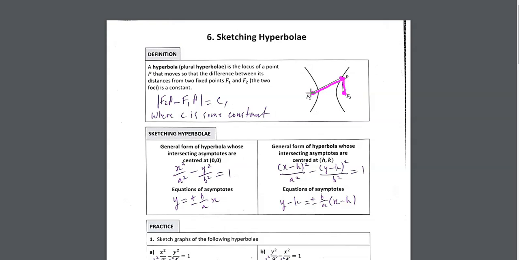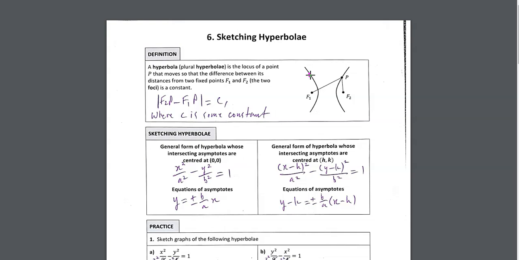So P could be anywhere. P could be right up the top here. If I draw a straight line to that point there, pretend that's straight, minus the distance of that line, which you also need to pretend is straight, then I'll get the exact same constant.